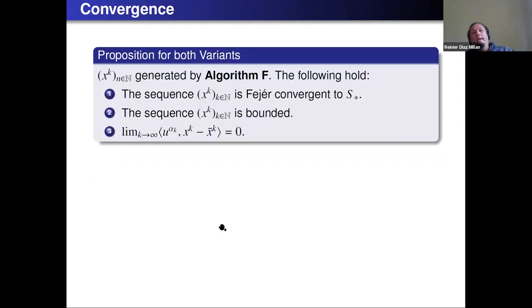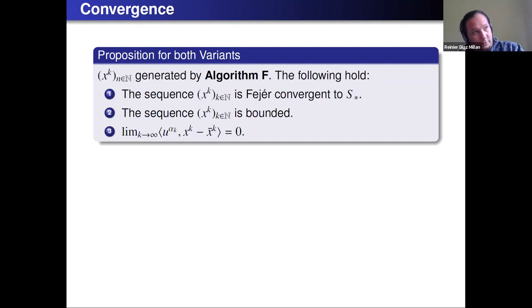Good. Now, using the fact that we are in the projection kind of algorithms, we will have Fejér convergence to the solution set. Remember, A3 ensures that this is also equal to S0, so it is Fejér convergent also to S0. This is the point of the proof of convergence.